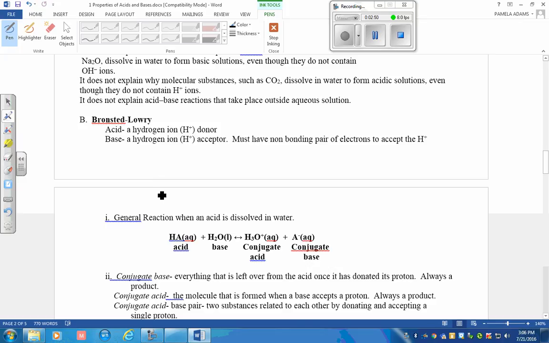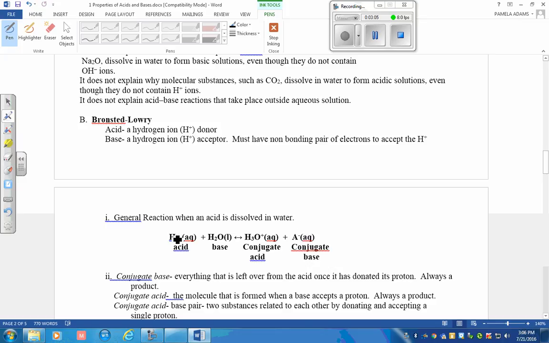If in a Bronsted-Lowry equation you are given the acid and the base, you look for what happens to them on the other side of the arrow.